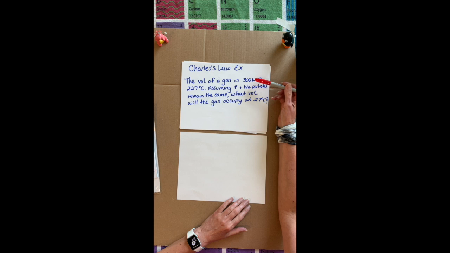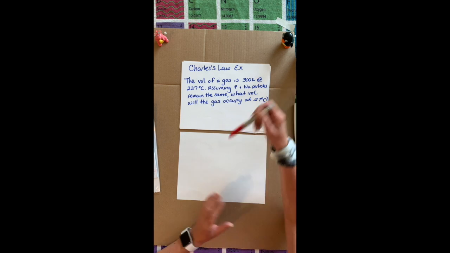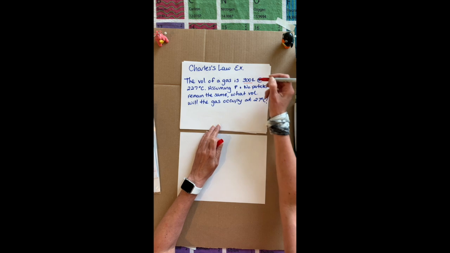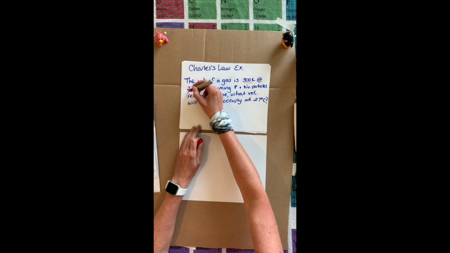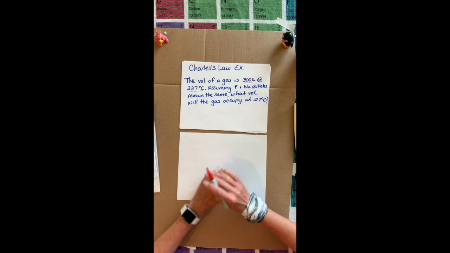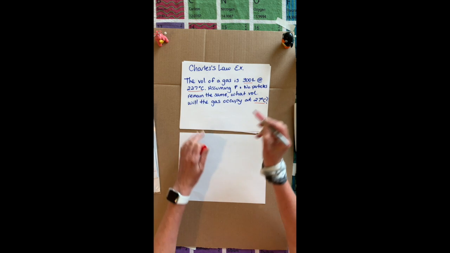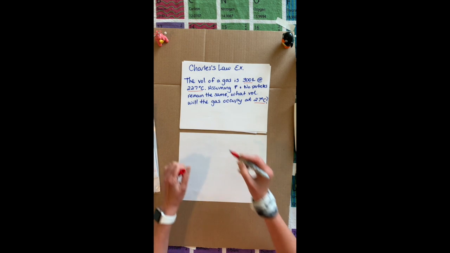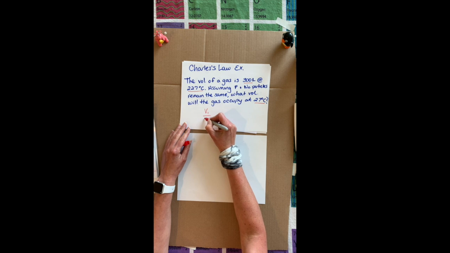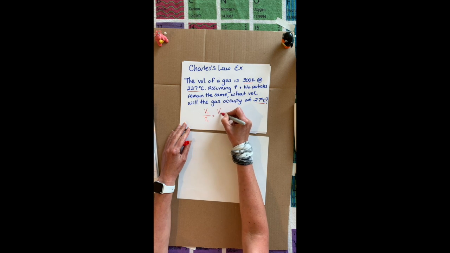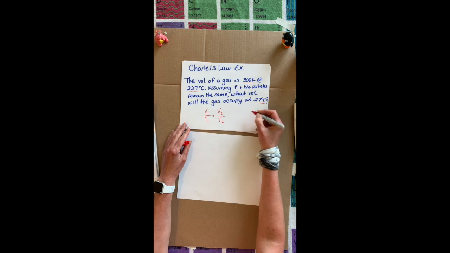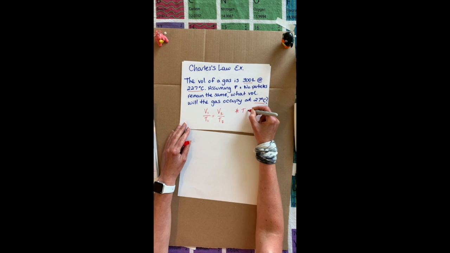The volume of a gas is 300 liters at 227 degrees Celsius. Assuming that pressure and number of particles remain the same, what volume will the gas occupy at 27 degrees Celsius? As a reminder, we have V1 over T1 equals V2 over T2, and temperature is always in Kelvin.